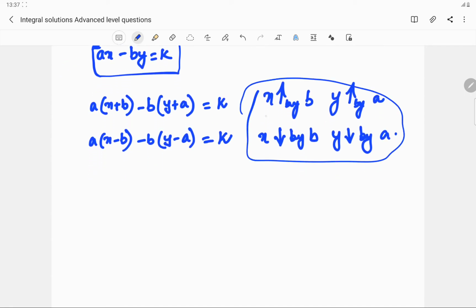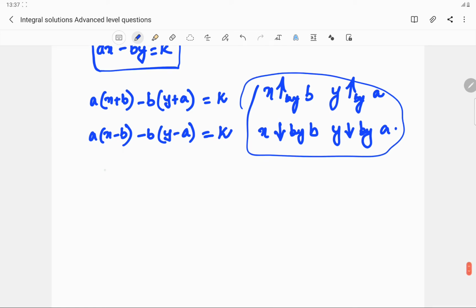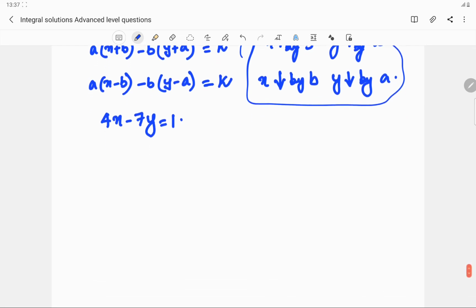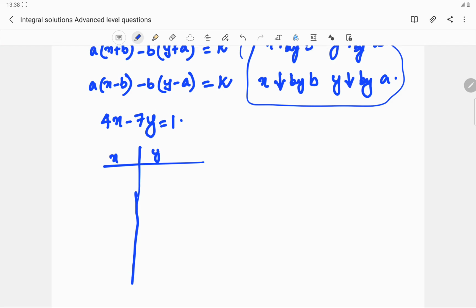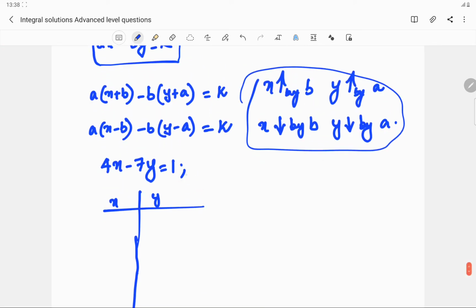Now assume that the given equation is of the form 4x minus 7y equals 1. So now we will solve using the traditional method first. It is also given in the question that x is lying from 1 to 100.